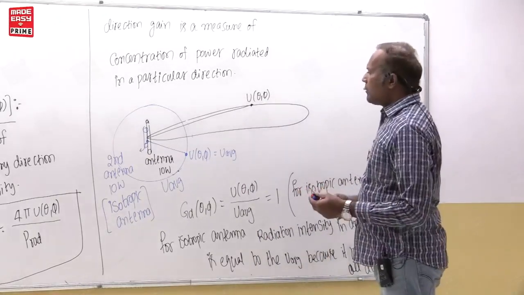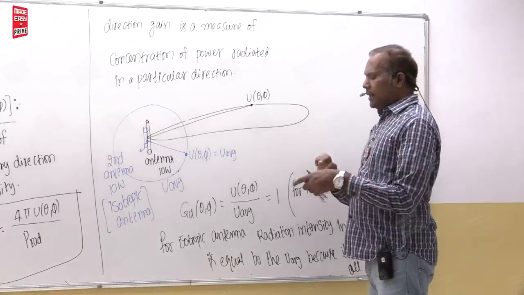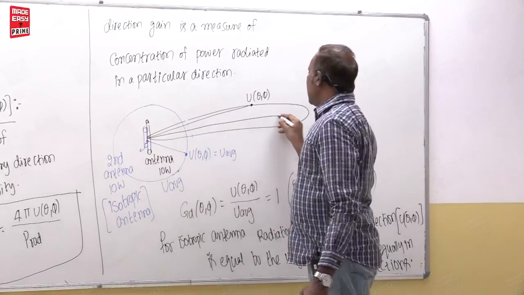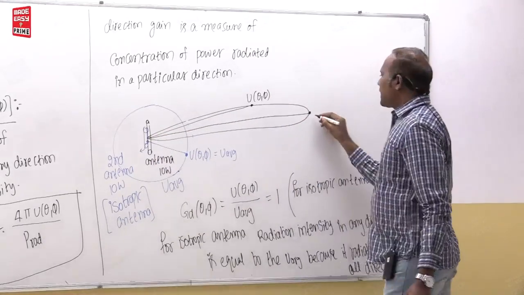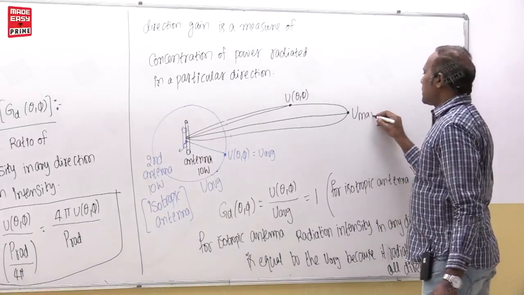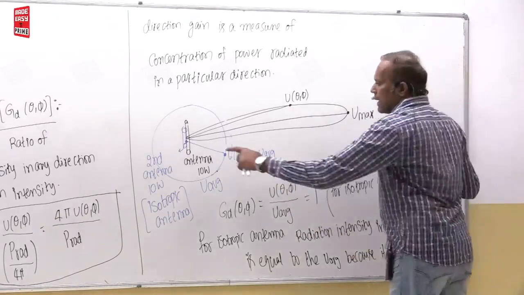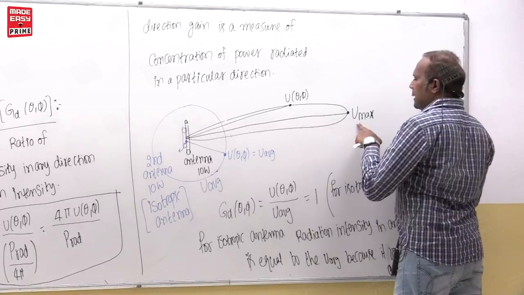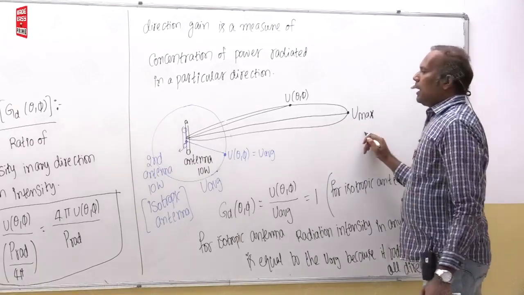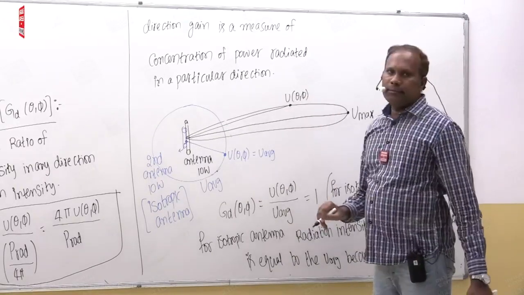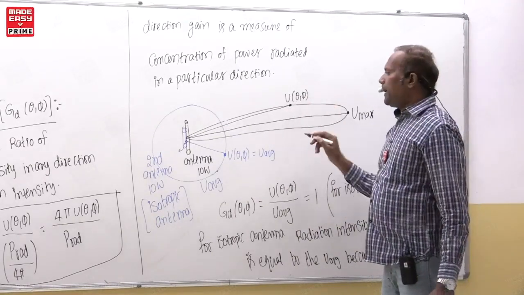So in this way, for this black antenna, in this direction maximum radiation intensity is there, dear students. Total 3 things are there. In this direction, maximum radiation intensity is there, and in any direction the radiation intensity is variable, that is U(theta, phi).